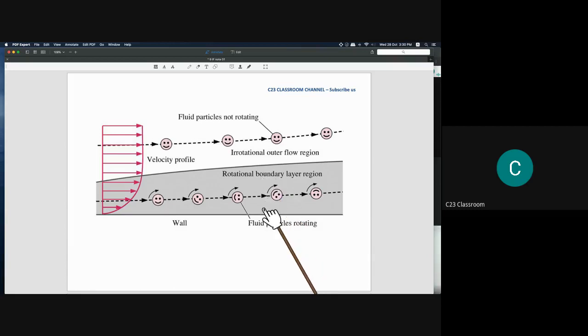The boundary layer will create a no-slip condition, meaning the molecule will stick on the surface here. Just imagine there is one stopped molecule that is not moving here, and a molecule that interacts with the molecule that is stuck on the surface here might rotate itself.